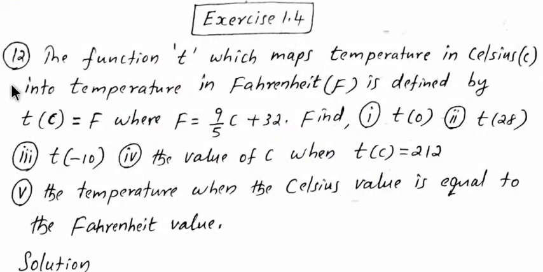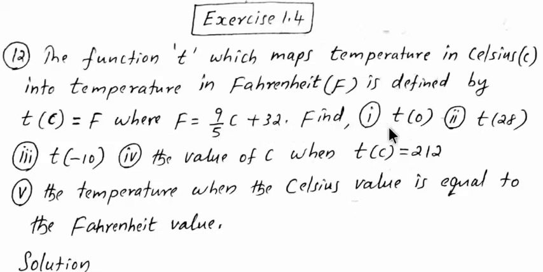Exercise 1-4, question number 12. The function T, which maps temperature in Celsius C into temperature in Fahrenheit F, is defined by T of C is equal to F, where F is equal to 9 by 5 C plus 32.